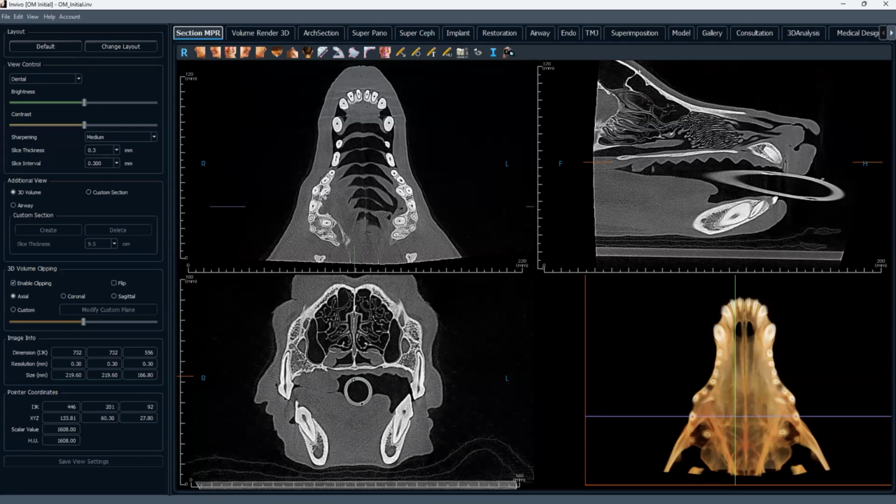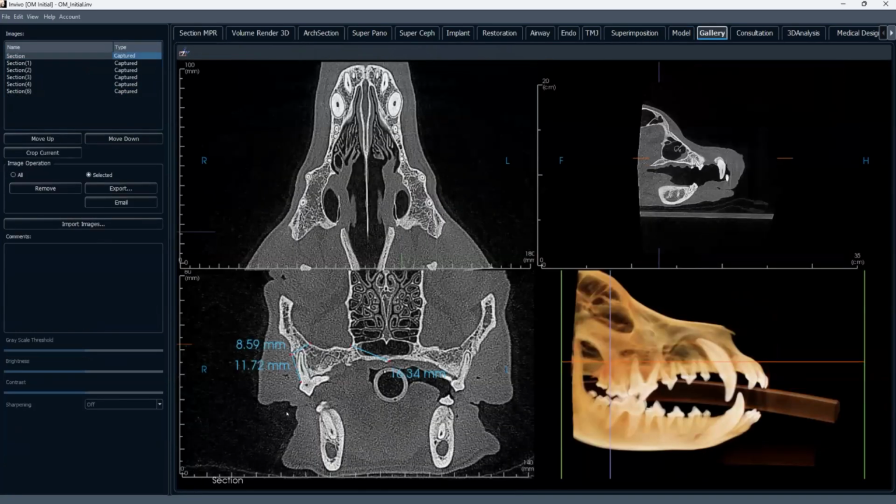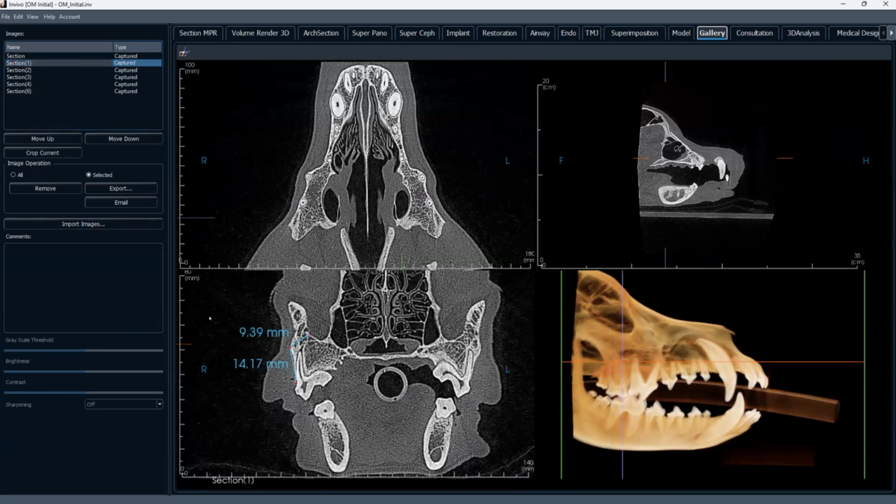So originally I went through, and if we go and look at the gallery, originally, start up here, we went through and measured from the cemento-enamel junction along the outside buccal bone using our curved ruler, the distance from the cemento-enamel junction to the end of the root, and then the cross-section at each point of how thick the bone was along the way, to map out where we wanted to put our cuts so that we could get the entire tooth, the entire alveolus, and take out that whole plate of bone without actually removing the infraorbital artery.